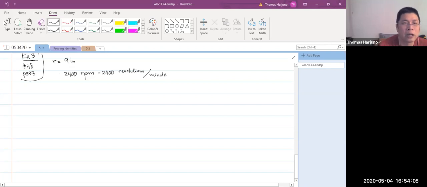Now that implies the omega, the angular speed. Now one revolution is 2 pi radian. So this will be 2,400 times 2 pi radian per minute.